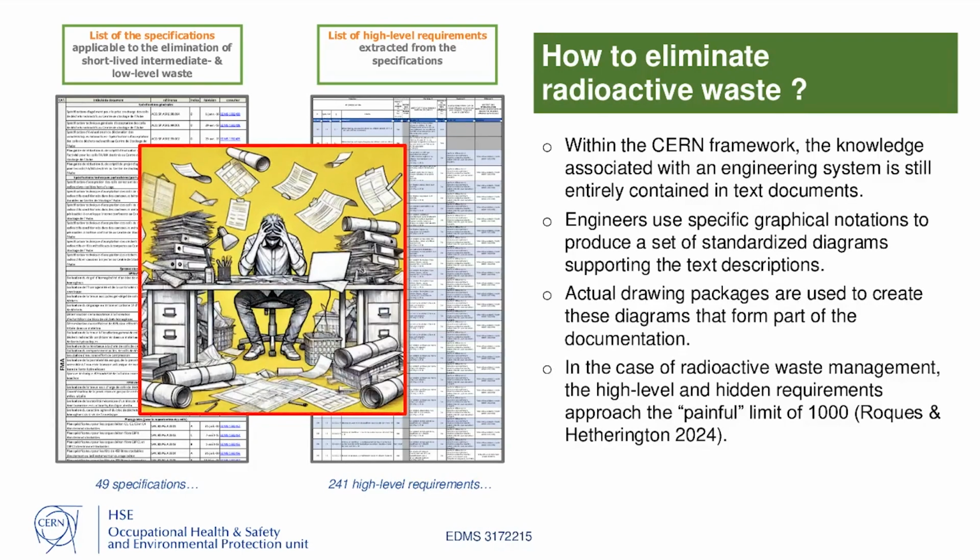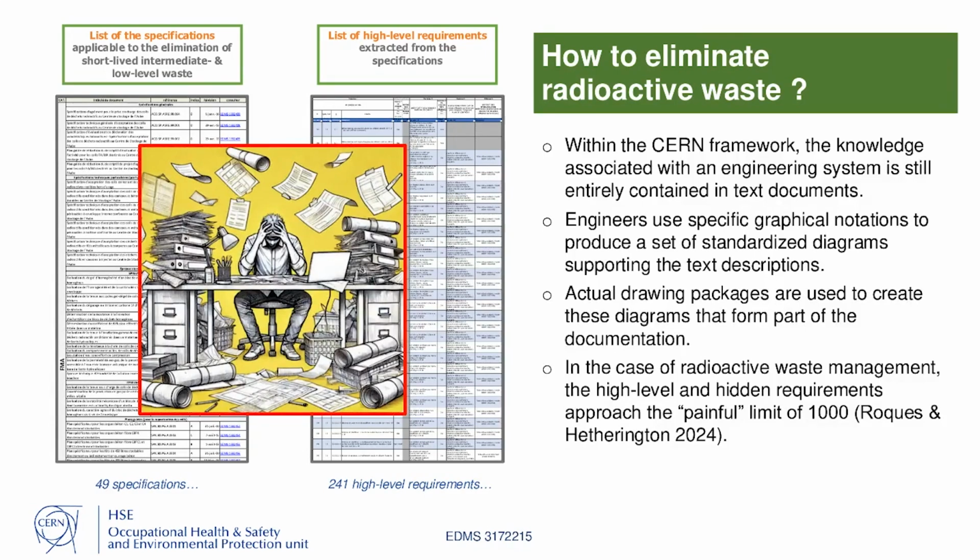Within CERN, this kind of problems is traditionally managed by text documents alone. It is possible, but then you need quite a good team of engineers and resources and time. We also developed a specific graphical notation to convey the technical information with actual drawing packages that are used to create these diagrams and so on.